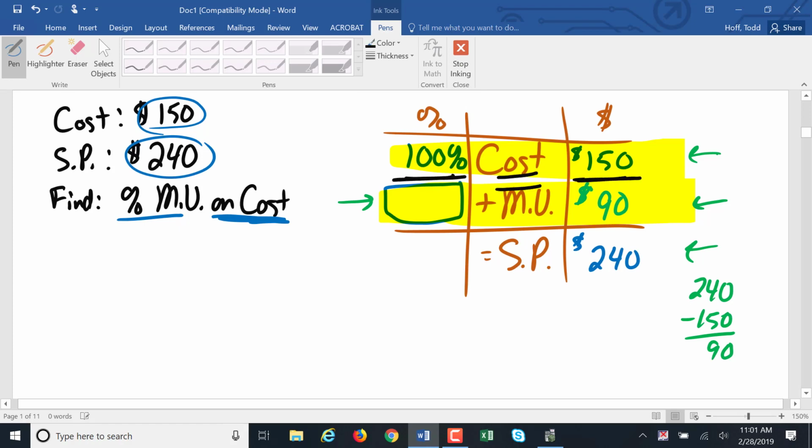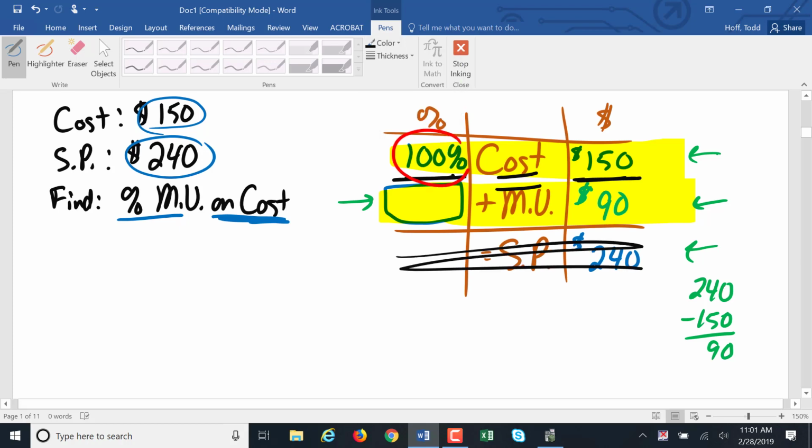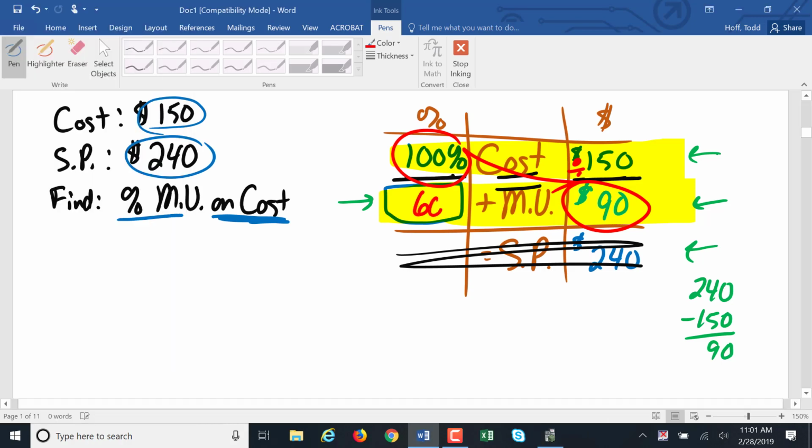This is treated as my equal sign. I don't need this bottom row. And I'm going to cross multiply. 100 times 90, then I'm going to divide by the 150. That should give us 60%. So the percent markup on cost is 60%.